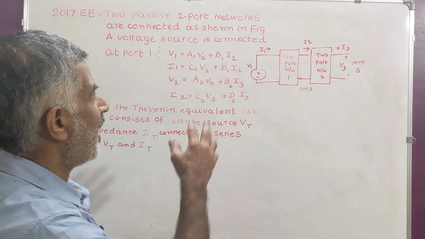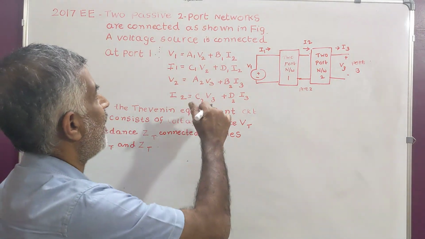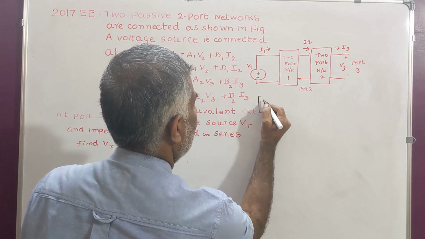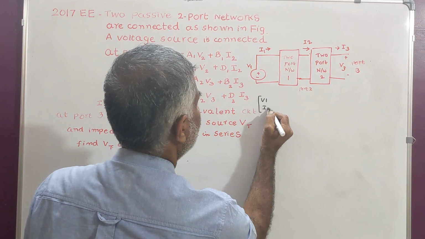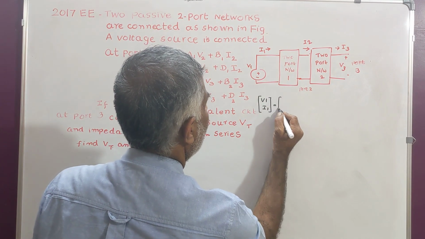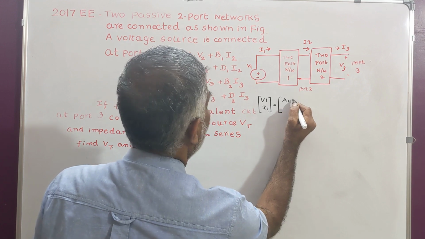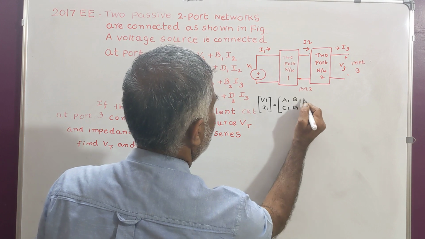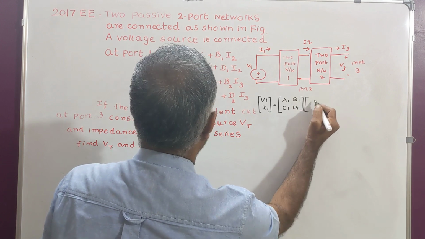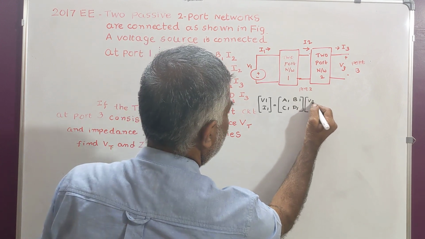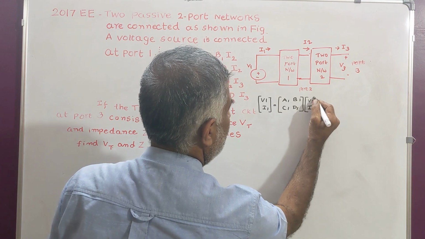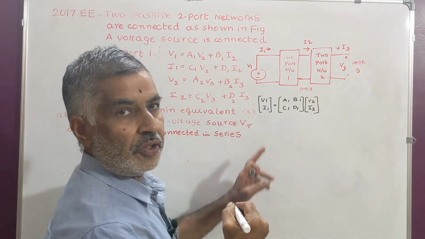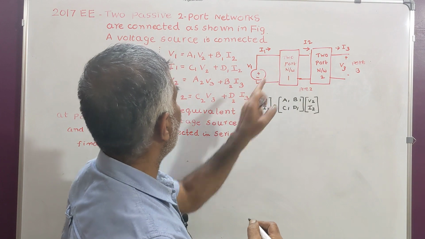If you write in matrix notation, [V1 I1] equals [A1 B1; C1 D1] times [V2 I2]. So this is for two-port network number 1.